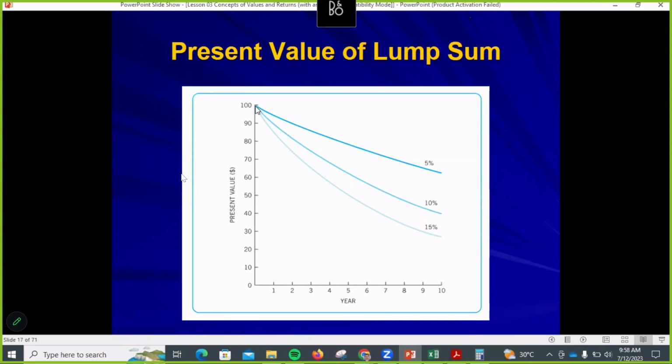So you take this point at year 0, you have 100 rupees. What is the present value of this 100 rupees over the years?